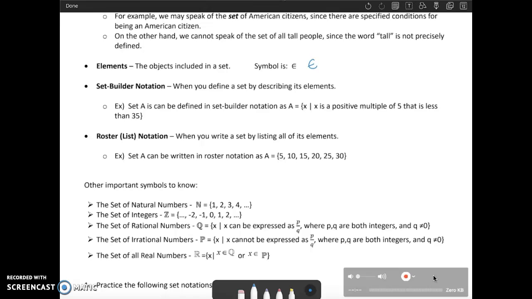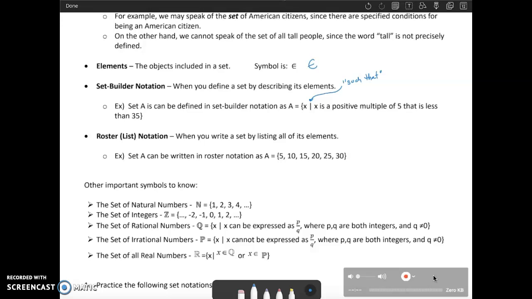I read that in math speak. This vertical line is read as "such that." So it's all these elements x such that they are positive multiples of 5 less than 35. So I've described them to you.